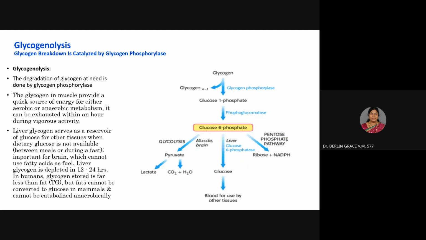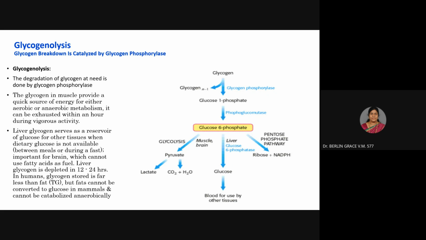Even between meals, during fasting, it is important that the brain should get glucose continuously, as it cannot use fatty acids as fuel. So liver glycogen is depleted in 12 to 24 hours. In humans, glycogen stored is far less than fat, but fat cannot be converted into glucose, and it cannot be catabolized anaerobically.